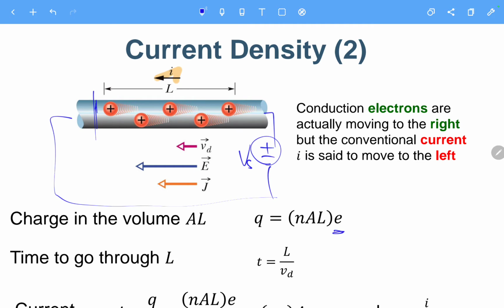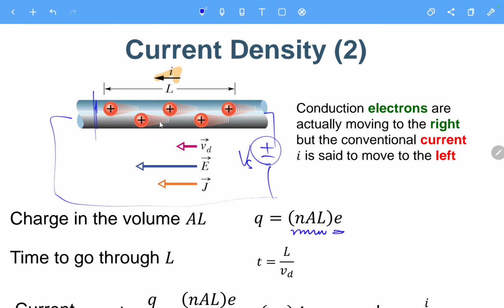This e is the elementary charge. So here we try to calculate how many electrons there are, or how many positive charges there are, and we just assume this is a positive elementary charge.